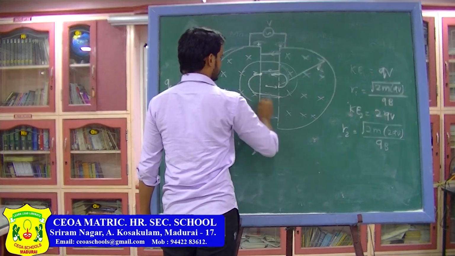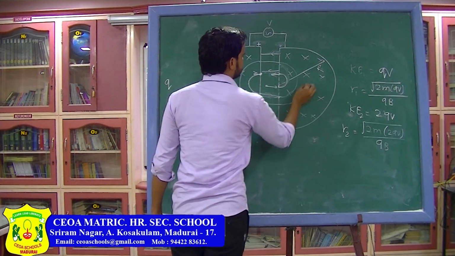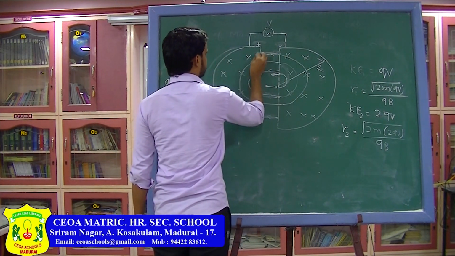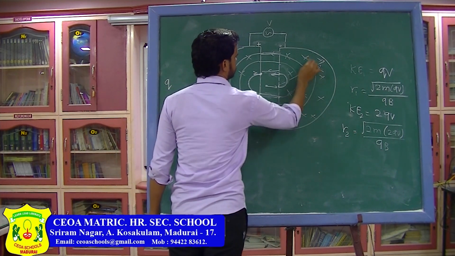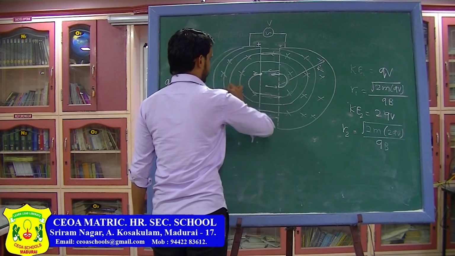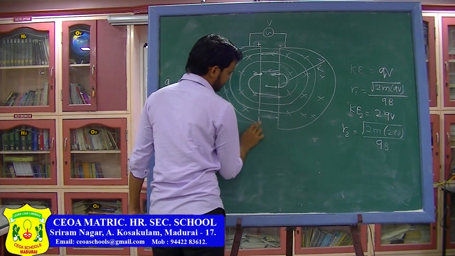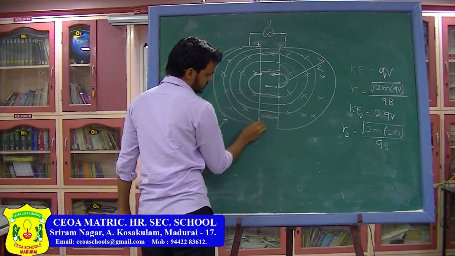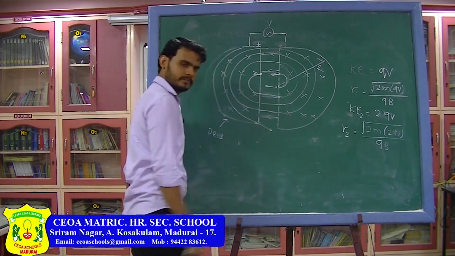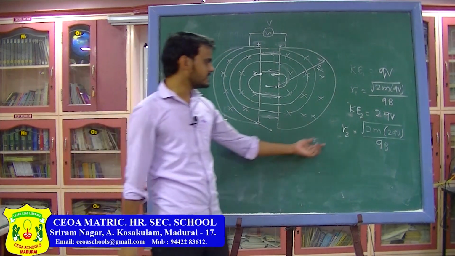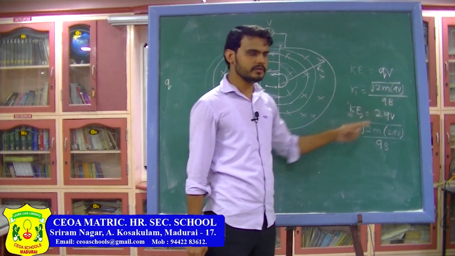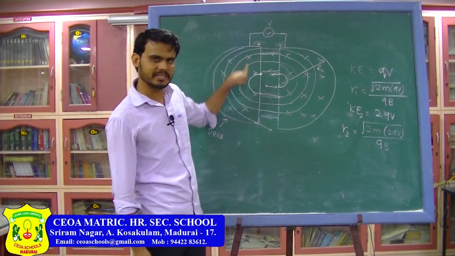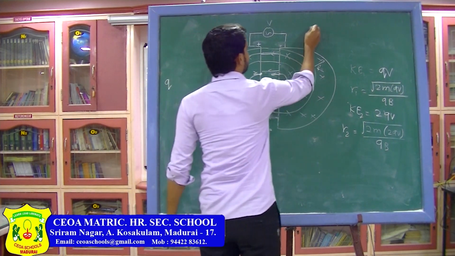The particle will keep on moving and we will keep a small hole here through which the charged particle can come out. As the particle enters from one D to another D, its radius keeps increasing, so the path of the particle will be a spiral path. This path is called a spiral.